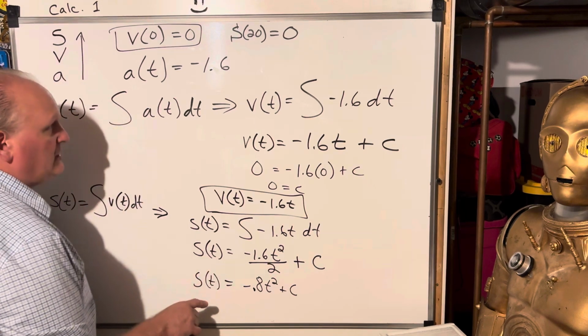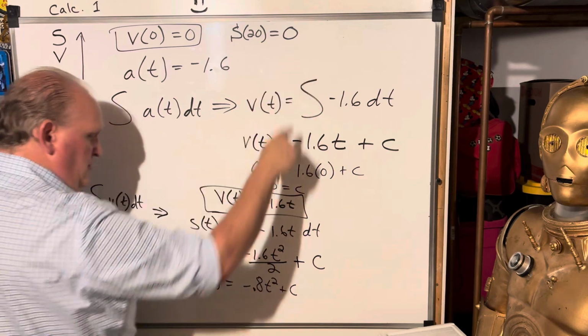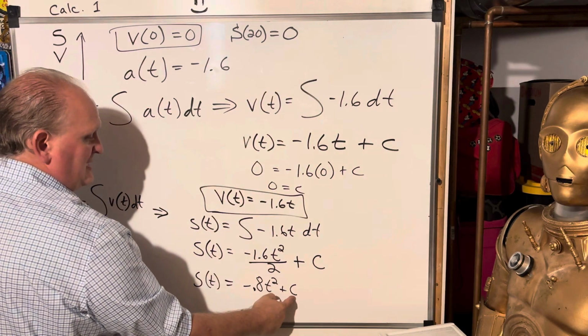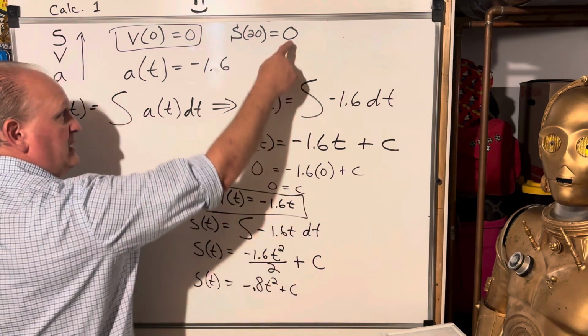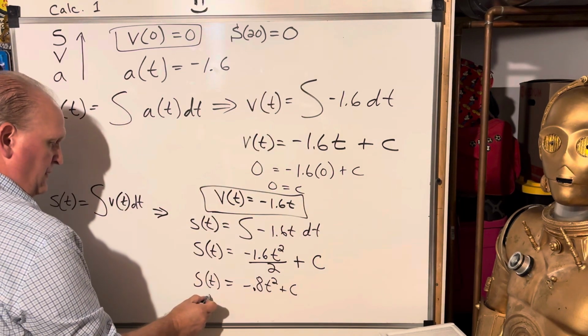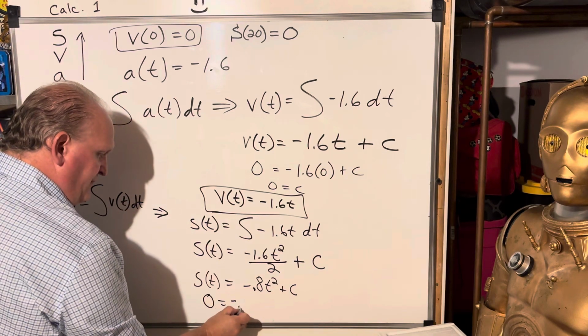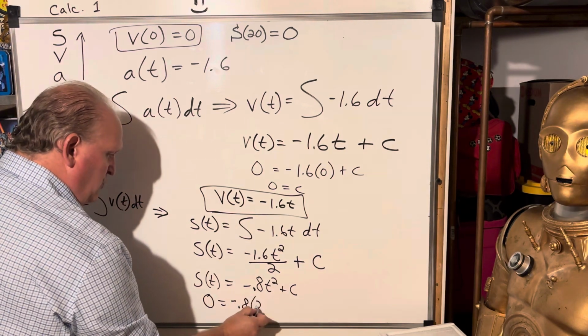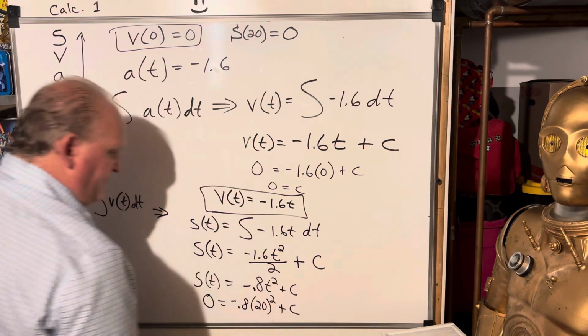And now we also know it took 20 seconds to hit the ground. So we want this constant. The constant is going to be how high up the cliff was when we dropped it. So we put in 0, and we put in 20. So negative 0.8 times 20 squared. So you've got to do 80% of 400.